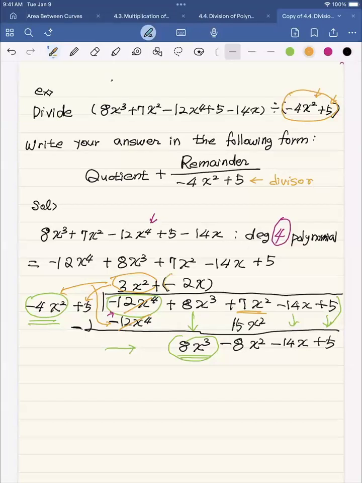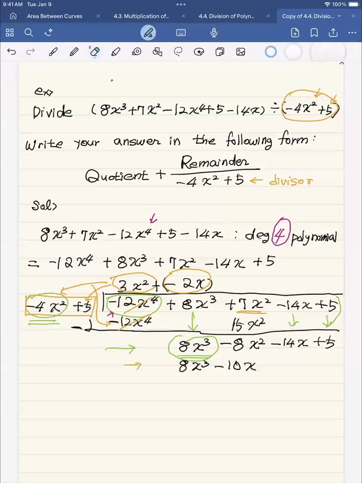So we want to multiply this negative 2x with negative 4x squared plus 5 and write it down here. Negative 2x times negative 4x squared will make 8x cubed. And then negative 2x times 5 will make negative 10x.